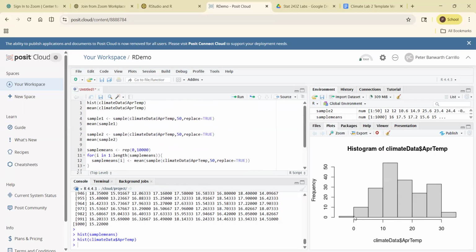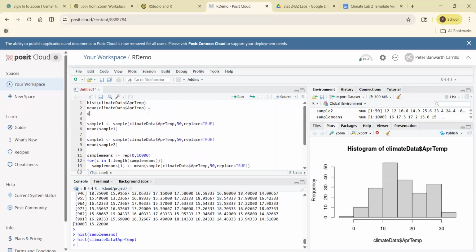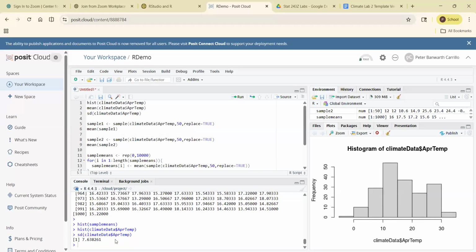It ranges between about 0 and about 30, right? So it's got a range of about 30, and the actual standard deviation of our climate data is 7.6.